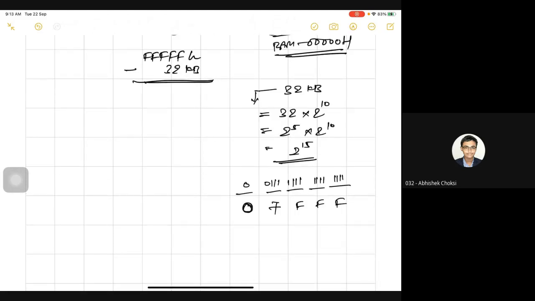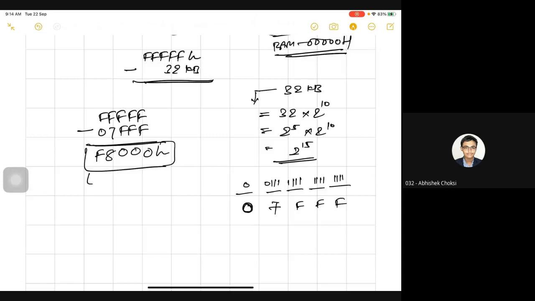So if I subtract FFFFF minus 07FFF, what will I get? 0 0 0 8 F. So this will be the starting address of my ROM.